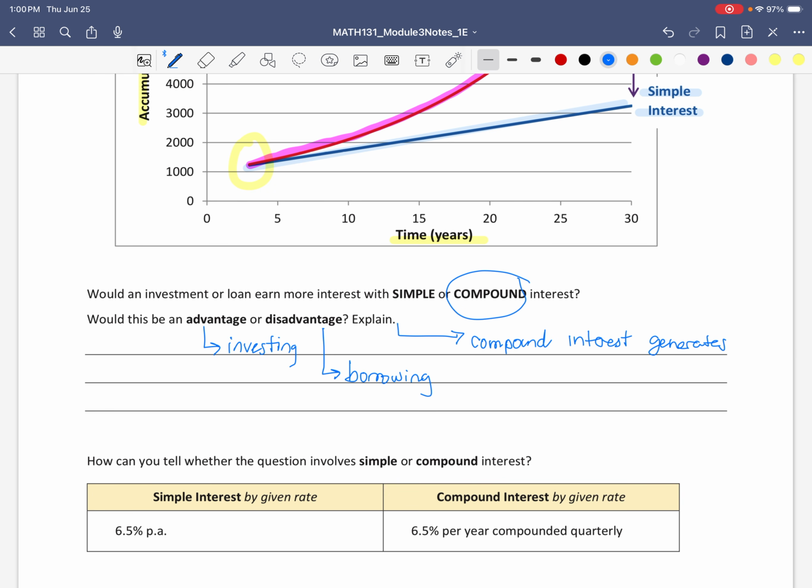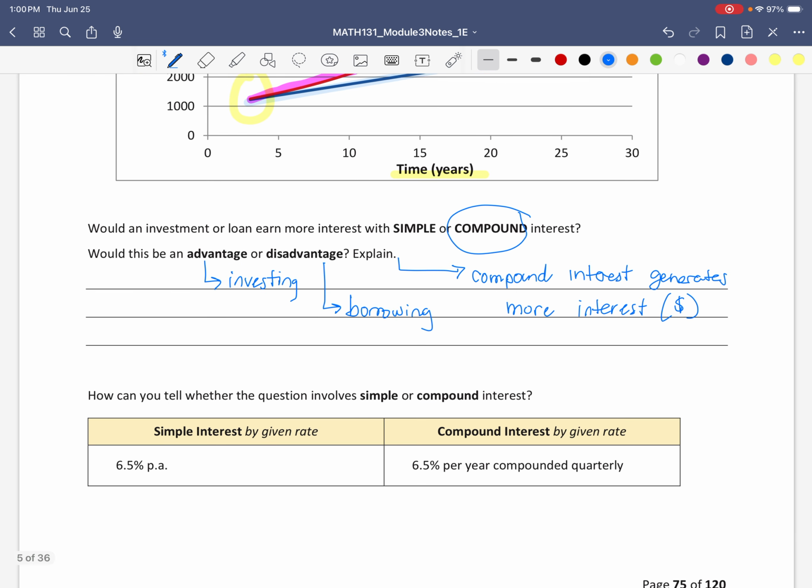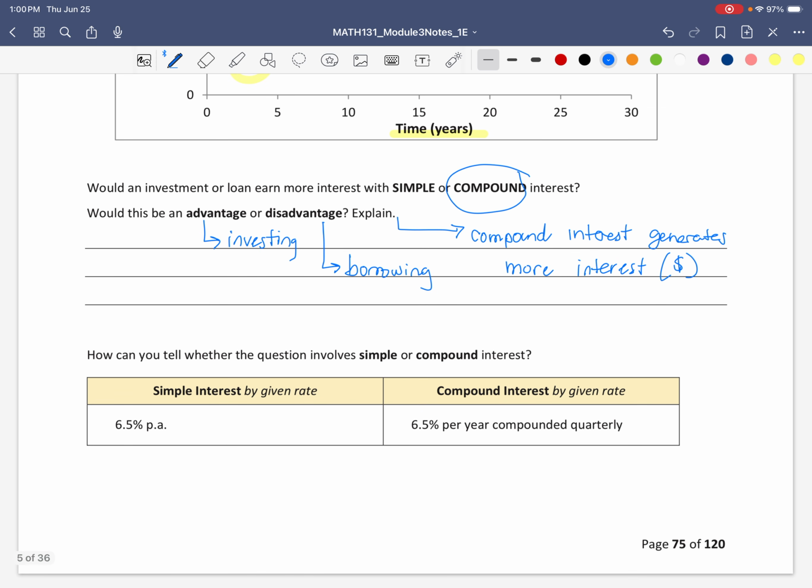So this can be good, or it can be not so great depending on the situation that you're in. So as we start to go into compound interest questions, how can you tell the difference if the question is based on simple or compound interest? So we've talked about simple interest already, and in the next video, we're going to start with compound interest.